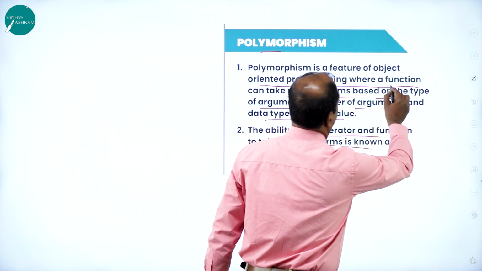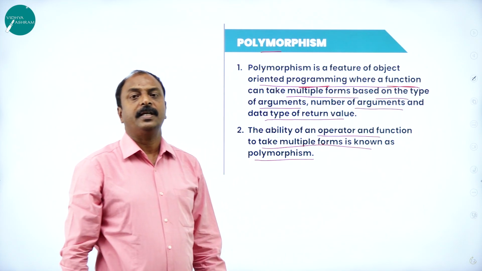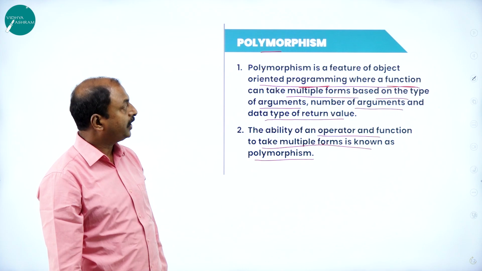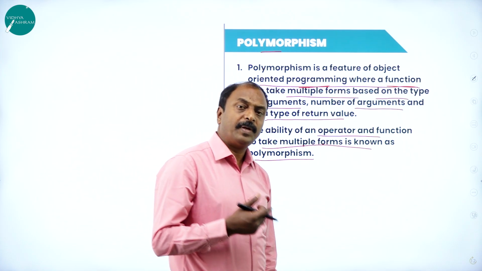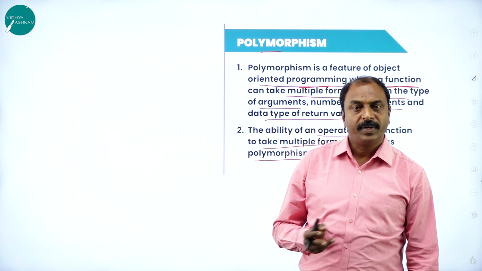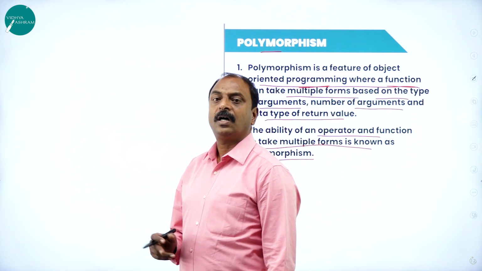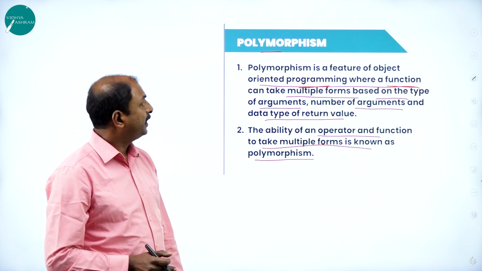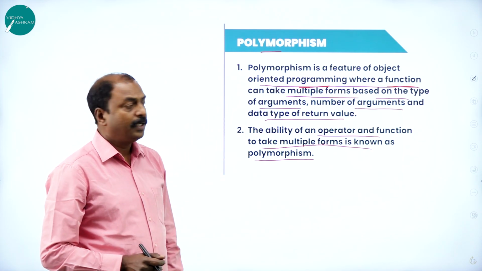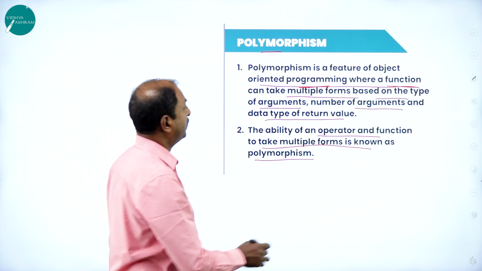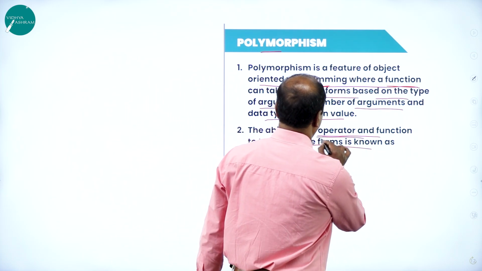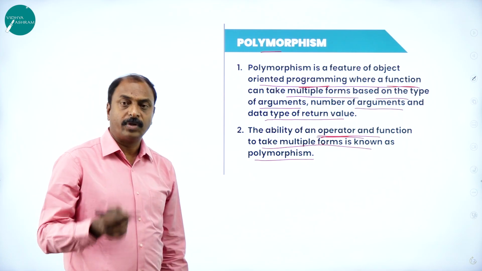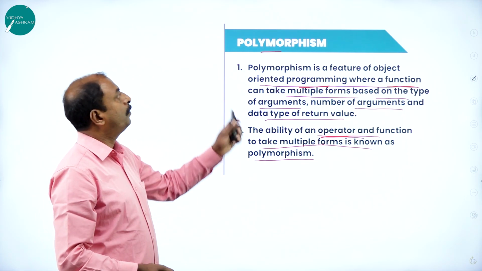We can have n number of functions in the classes. We can have the same function name with a difference in the argument list or parameter list. That is what we call function overloading, which is nothing but polymorphism. Not only for functions, it is also possible for operators. We can have operator overloading or function overloading, which are examples of polymorphism.